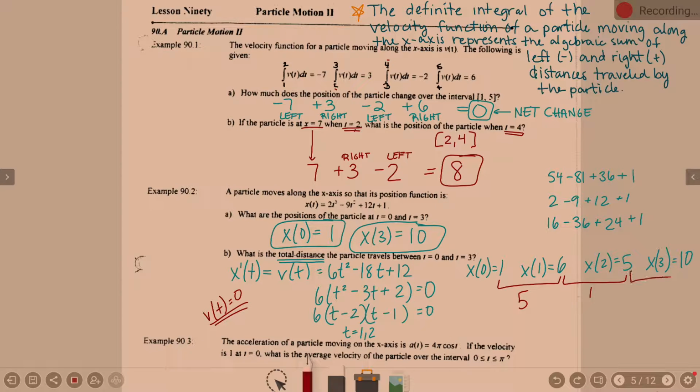And how far did my particle travel from time 2 to time 3? It traveled a distance of 5. So what do we know? 5 plus 1 plus 5 is 11 units.